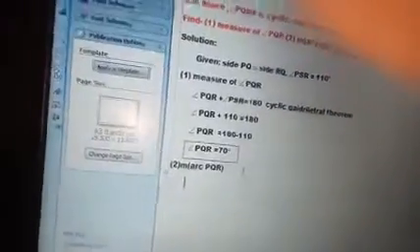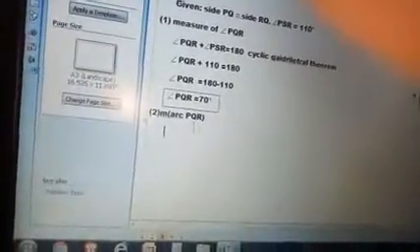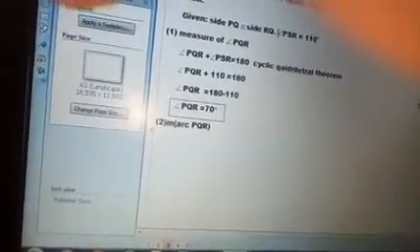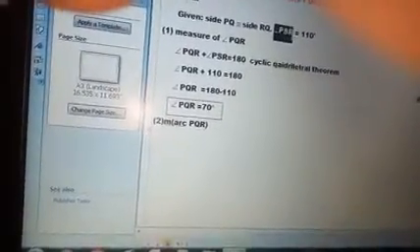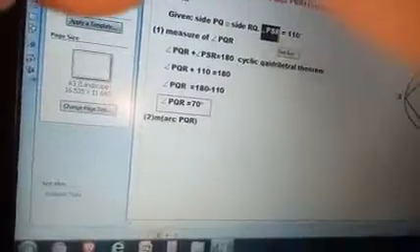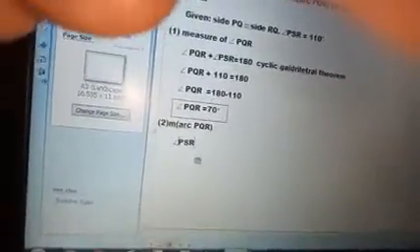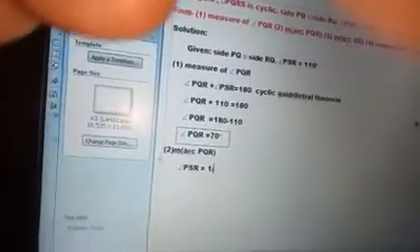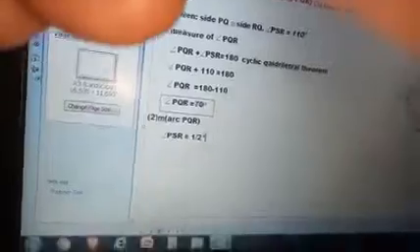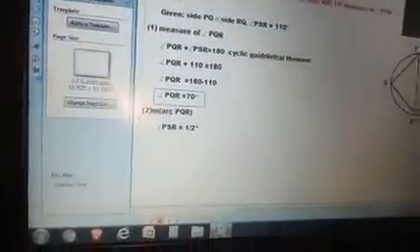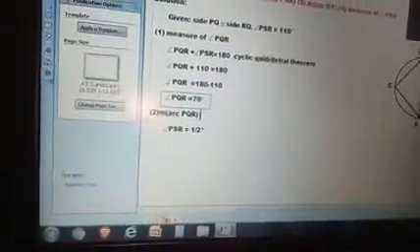Okay, so let's see. Here, the angle PSR is equal to half of the measuring arc PQR.